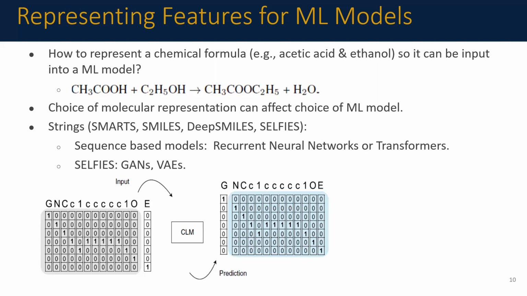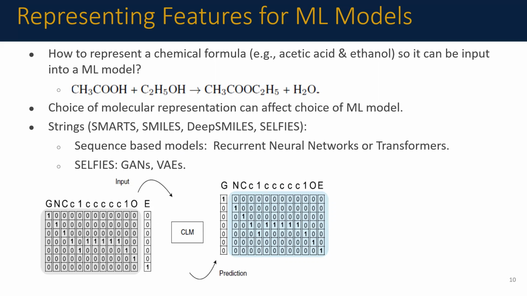or even SELFIES. And for probably the first three of those, and this is not always the way it has to be, certainly one approach would be to use sequence-based models, which typically would be recurrent neural networks, LSTMs, or transformer models.